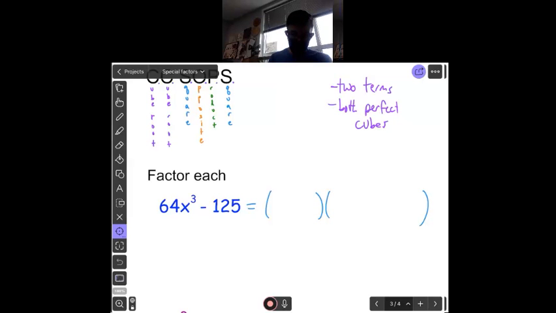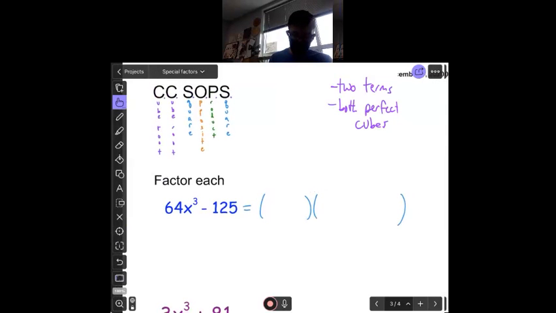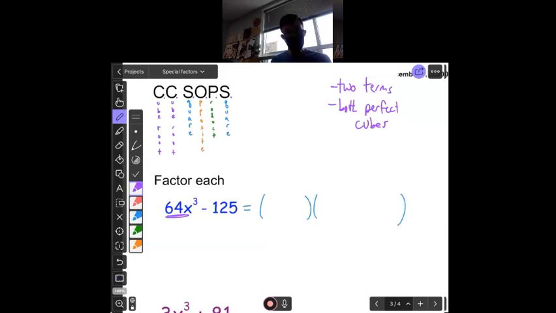So the first thing it says is cube root, cube root. What that's referring to is that once you take the cube root of this, what times itself 3 times will give you 64x cubed? Well, that would be 4x times 4x times 4x. So 4x goes there.